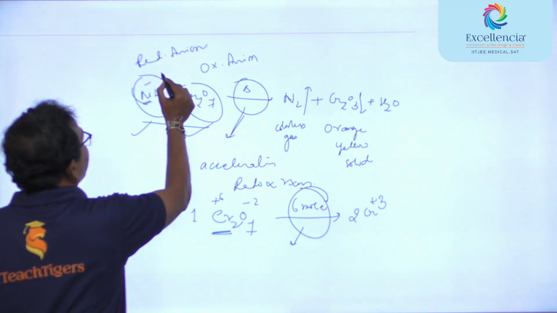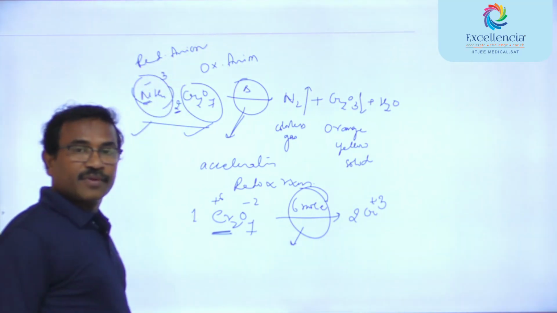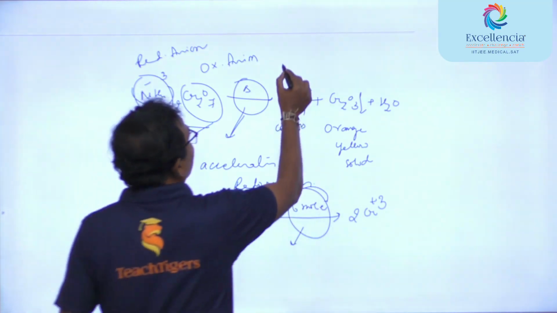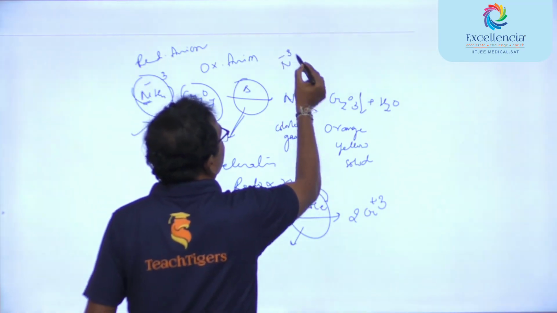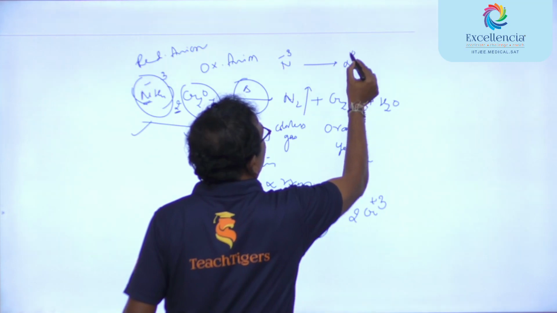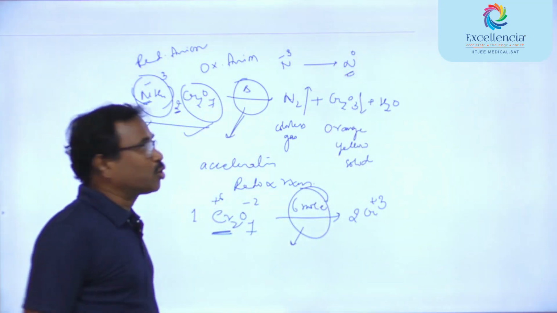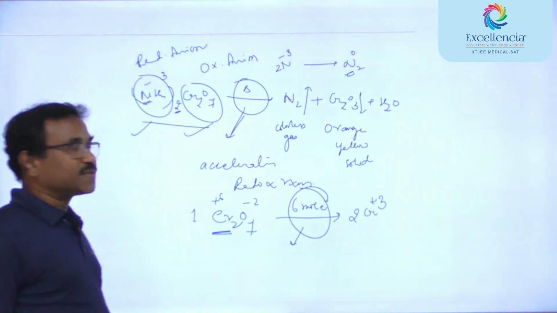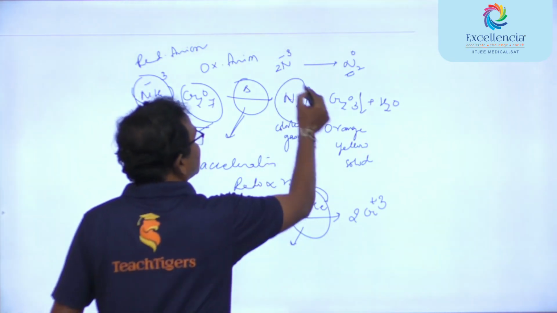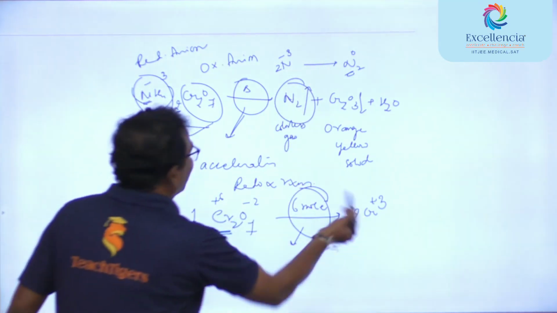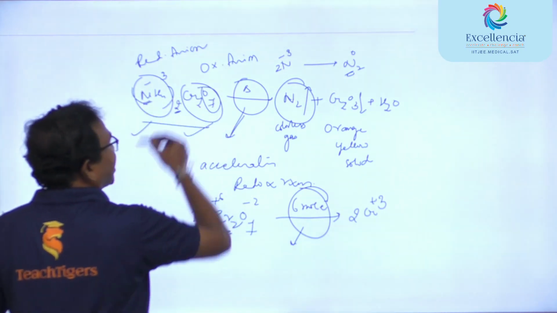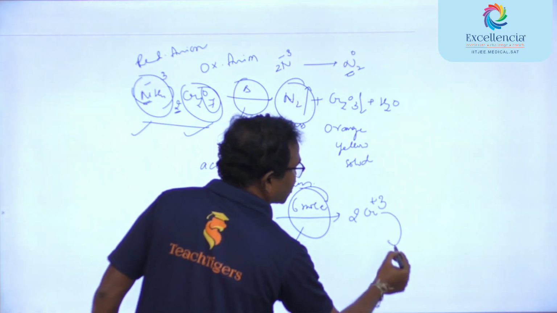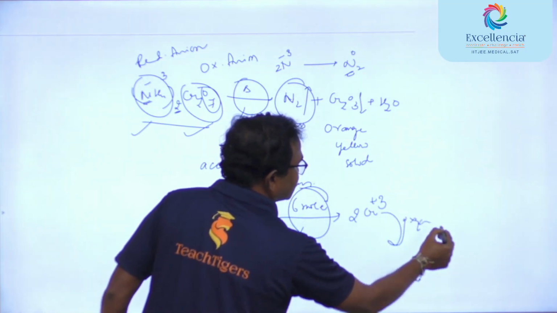Implies this is already in the -3 state. So each nitrogen atom losing 3 electrons implies nitrogen -3 should end up as nitrogen 0. And that too 2 nitrogens. So this has to be N2 gas. Therefore you have N2 gas. And chromium +3, and therefore we have oxide, we are heating it. So this chromium +3 has to combine with oxygen.